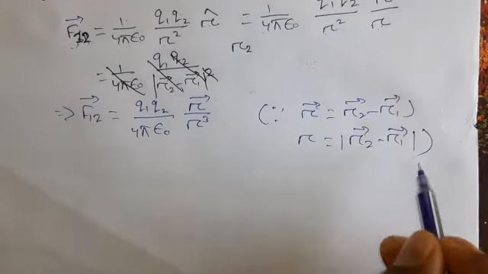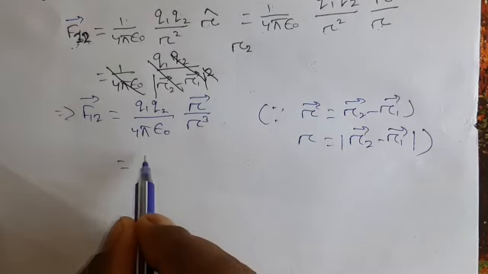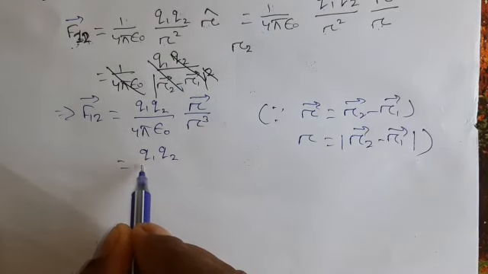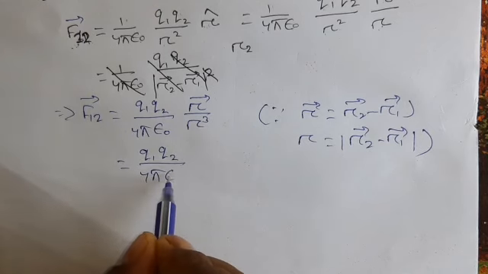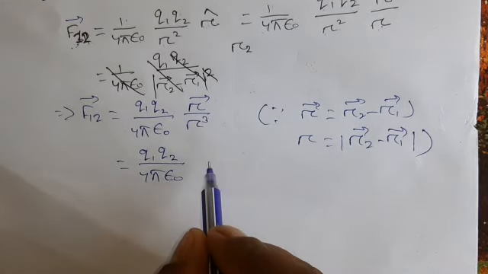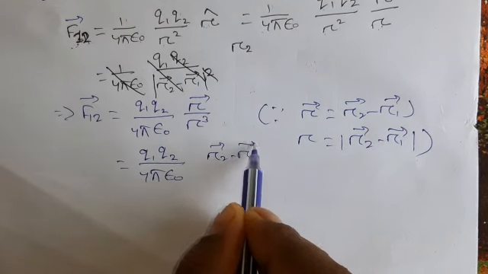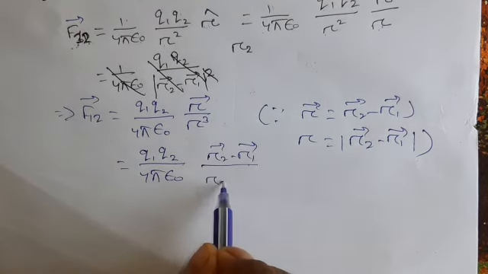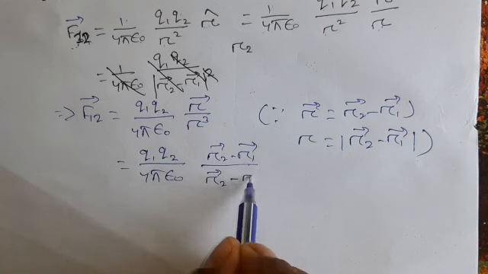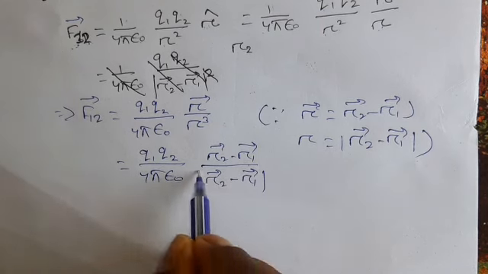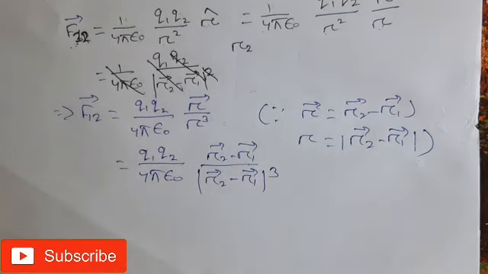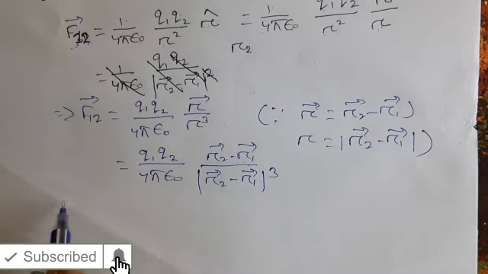Then I will write q1 q2 by 4 pi epsilon naught, r2 vector minus r1 vector, by the magnitude of r2 vector minus r1 vector to the power cube. This is F12.